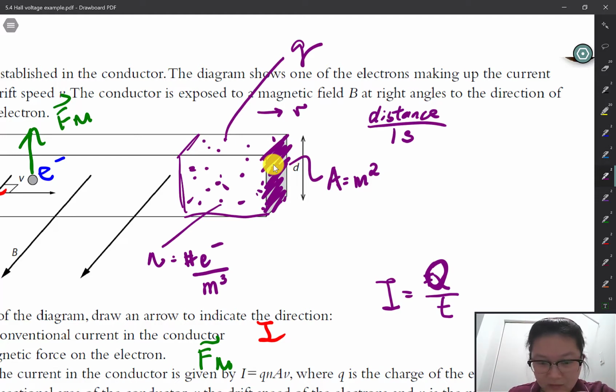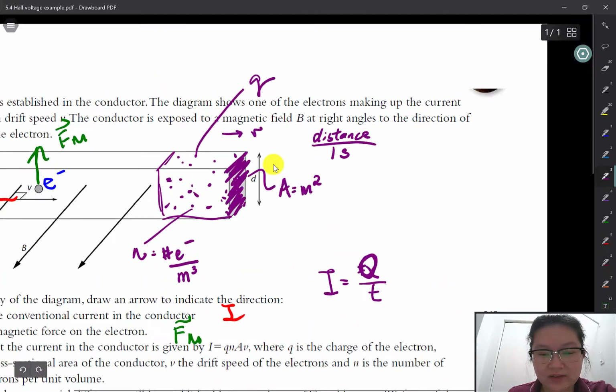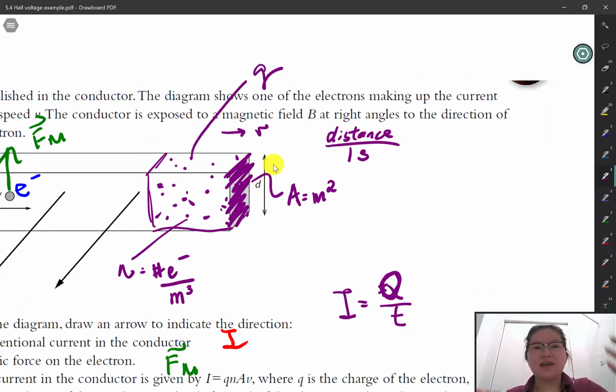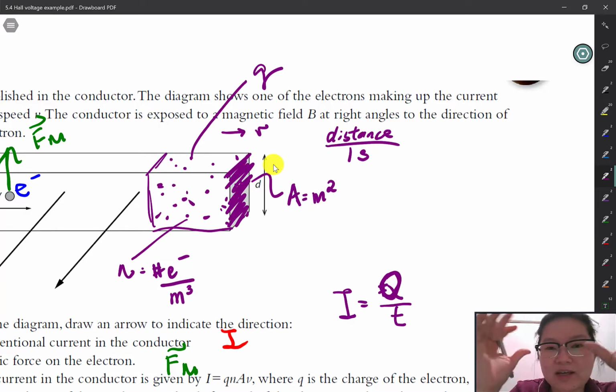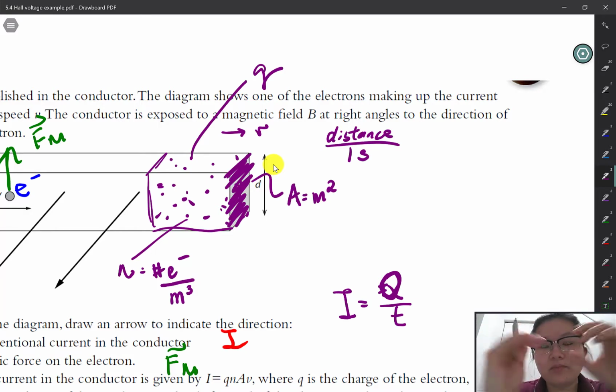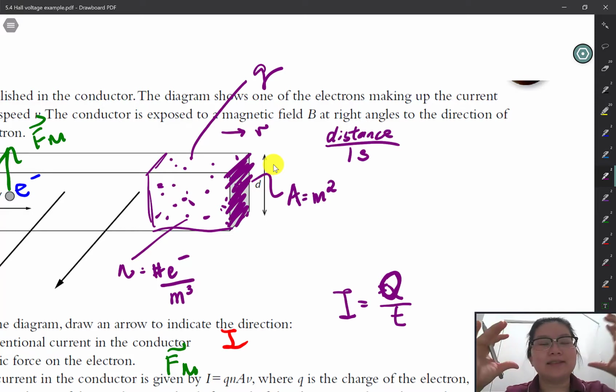So first of all, we need to figure out the number of charges first, because at the end, if we know the number of charges, we just multiply by Q to get the total Q. So in 1 second, imagine this segment here is exactly how many electrons, basically the longitudinal distance, that the amount of electrons that I'm grabbing.